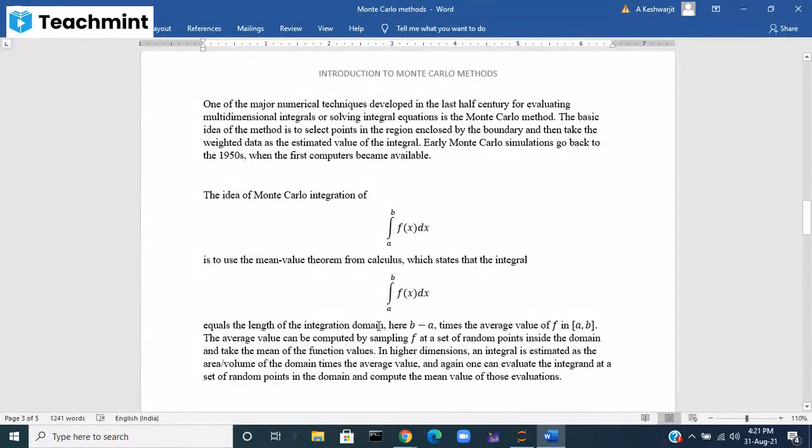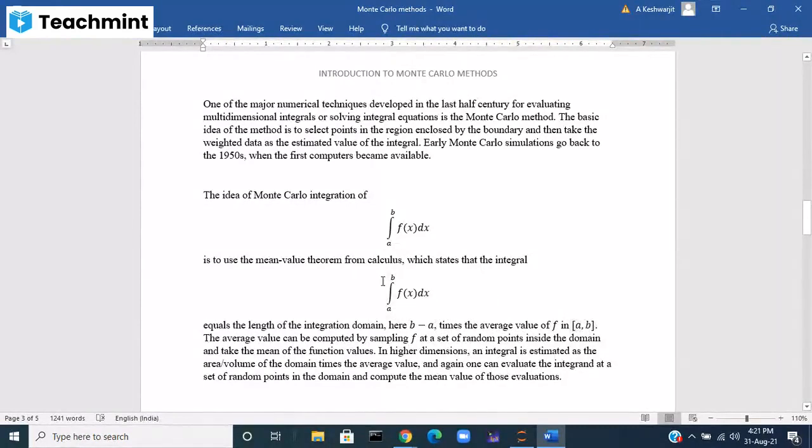And what is the length of the integration domain here? It is b minus a. So the integral is equal to the length of the integration domain multiplied by the average value of f in the domain a to b.